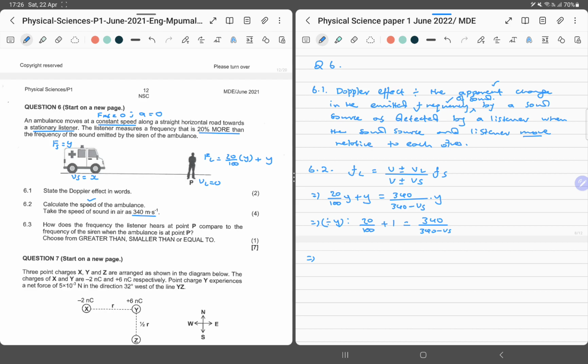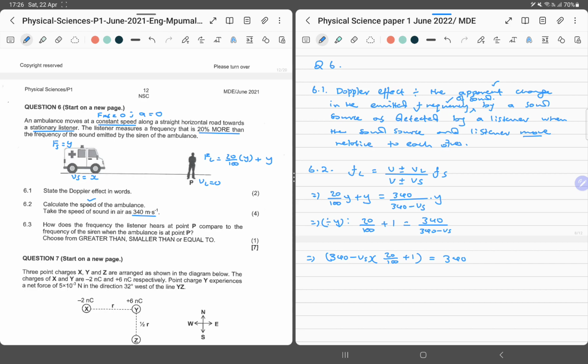So the gymnastics that we need is going to be 340 minus Vs into 20 over 100 plus 1 equals 340, right? That is the gymnastics we're going to end up with. Oh, by the way, that's what it is, because that whole thing is over 1, isn't it?